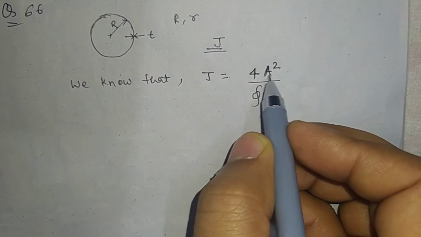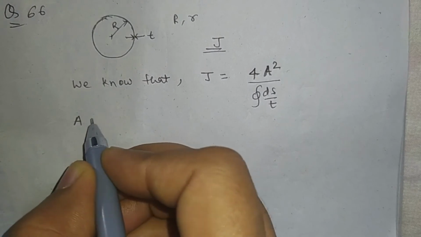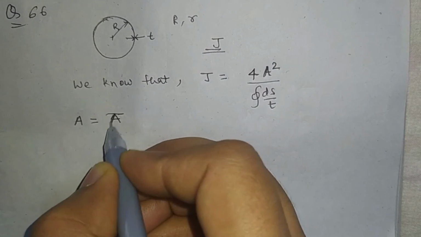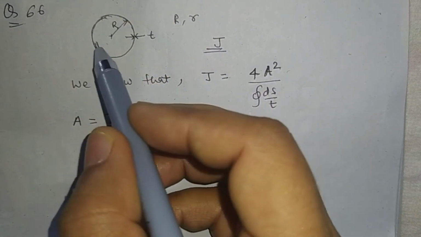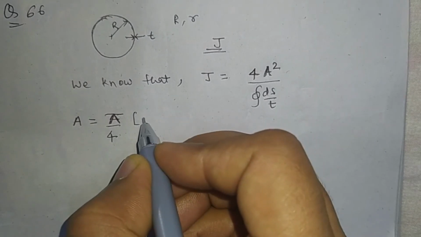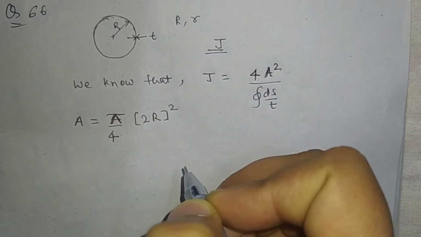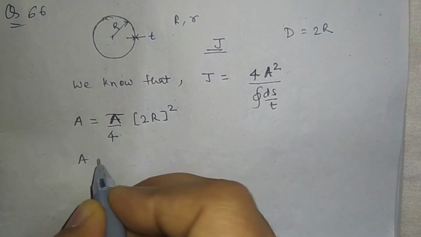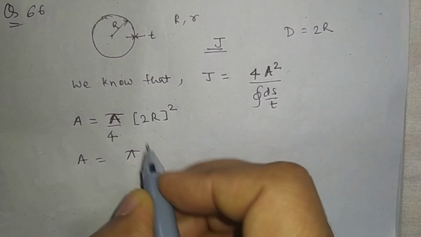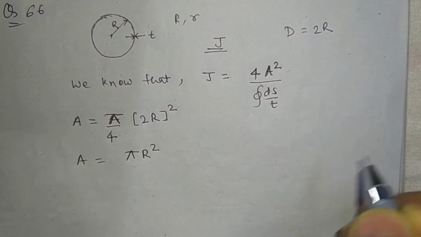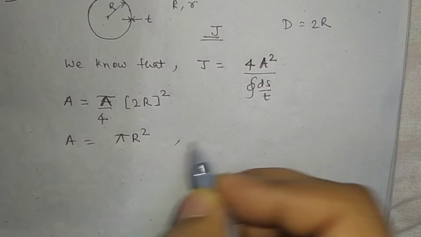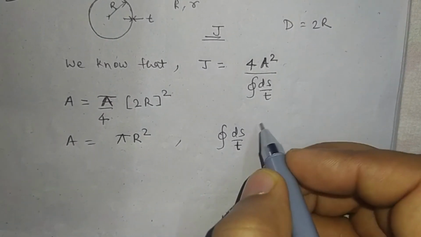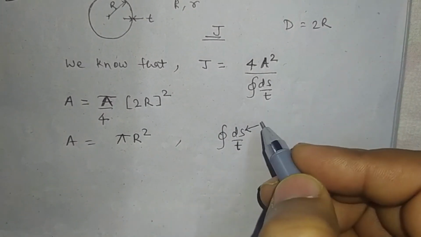Now putting in the values, A: we know the area of a circle is pi by 4 d square, and the mean diameter will be 2r, so we get the area, which is nothing but pi r square. Now what is this ds by T? This is the perimeter of that section.